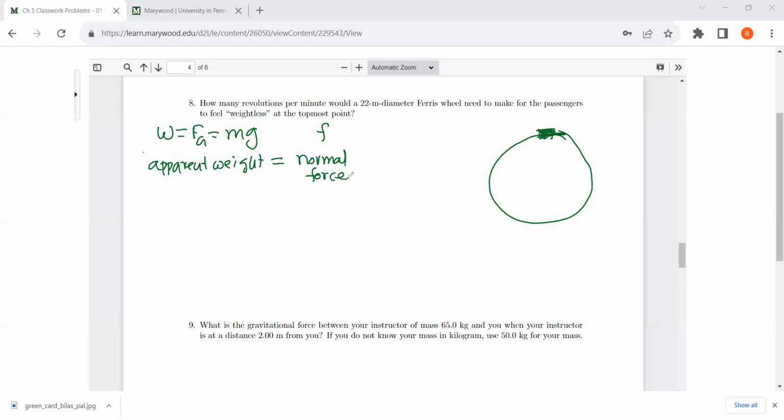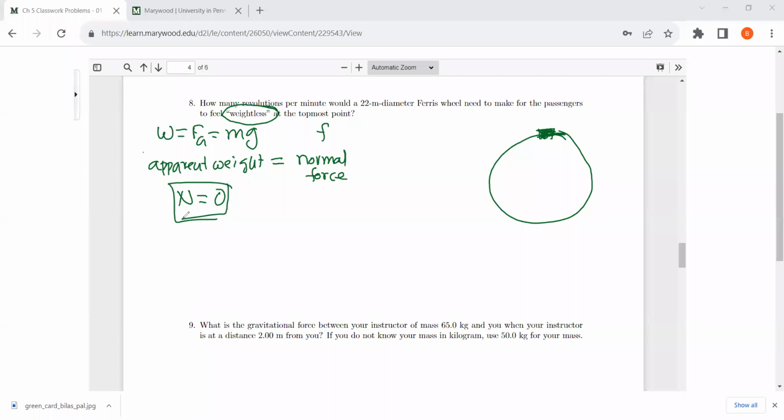So the person will feel weightless when the normal force is equal to 0. If N equals 0, then the person will feel apparently weightless.